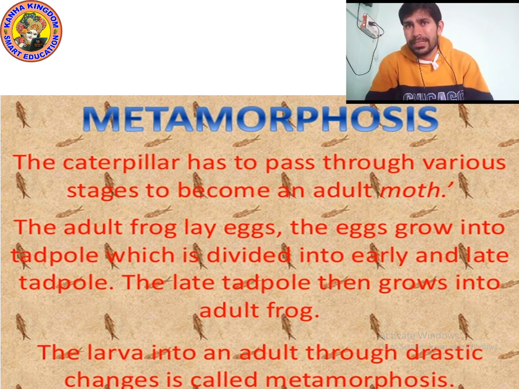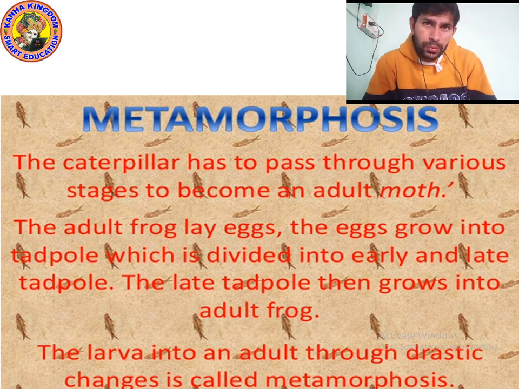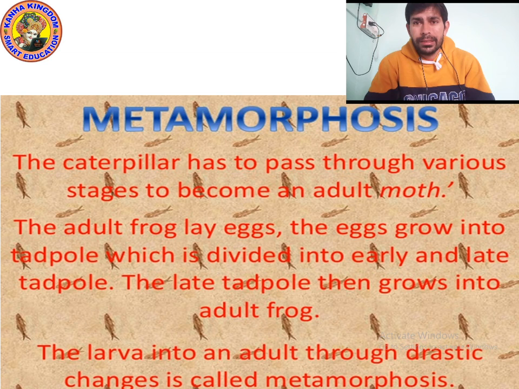The tadpole starts growing a long tail, then later legs start growing, then slowly after some time the tail starts diminishing and disappears.